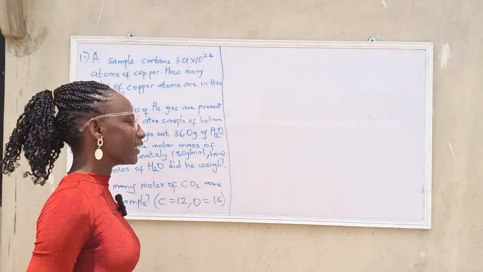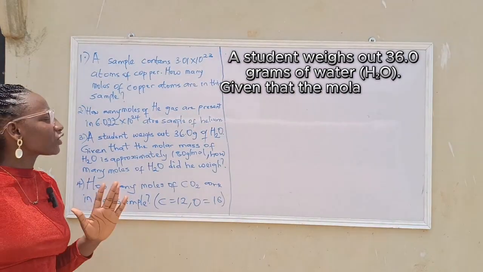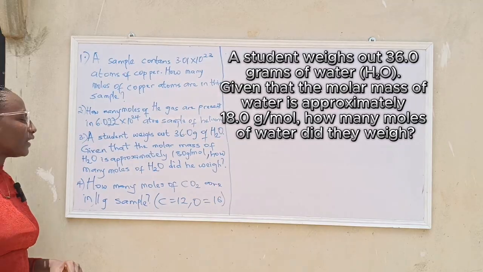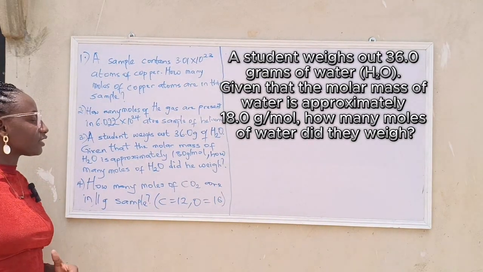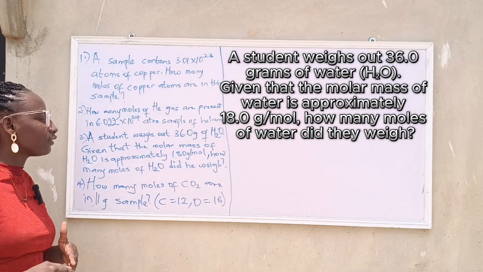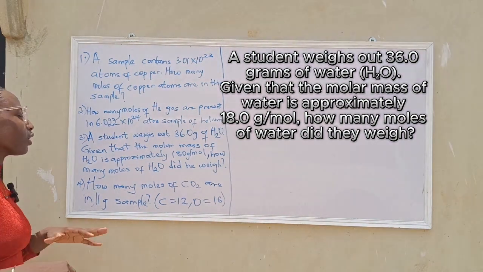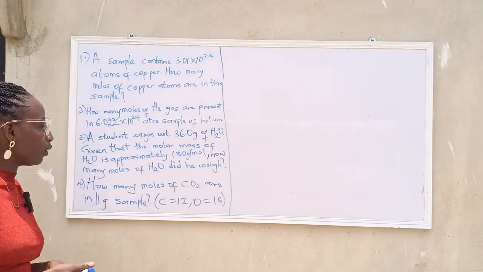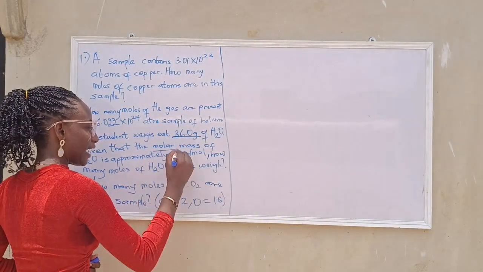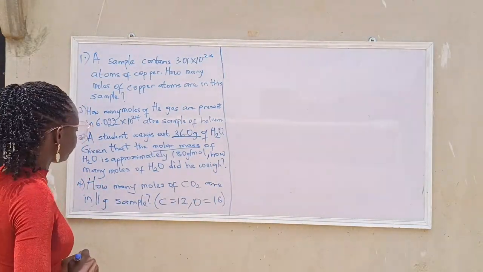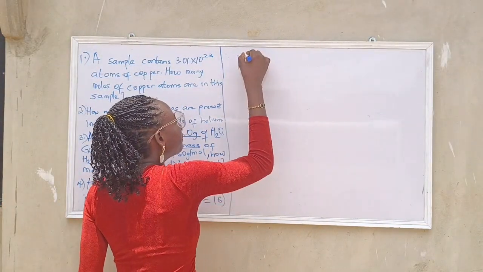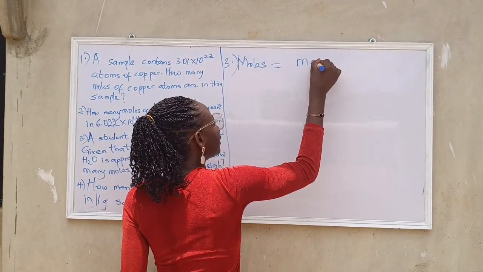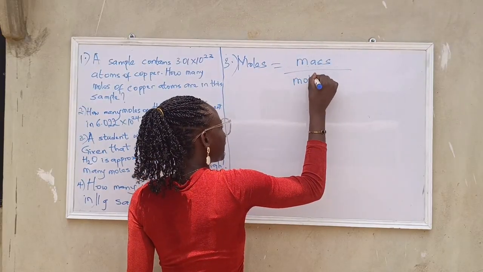Now, question 3 says that a student weighs out 36.0 gram of H2O. Given that the molar mass of H2O is approximately 18.0 gram per mole, how many moles of H2O did he weigh? We have mass and we have molar mass, so we know the formula to use: moles is equal to mass over molar mass.